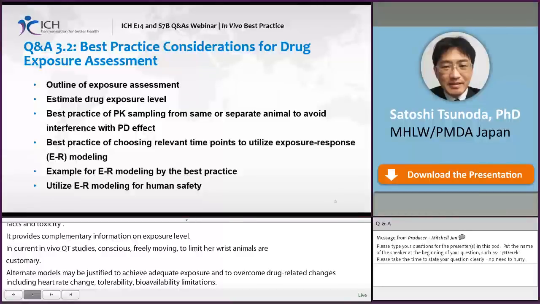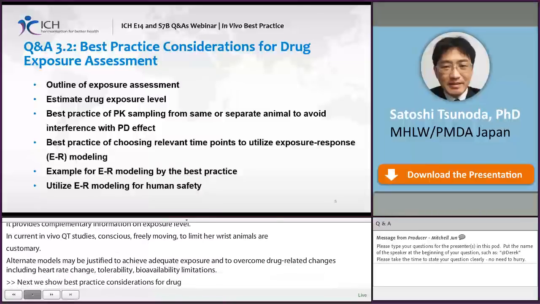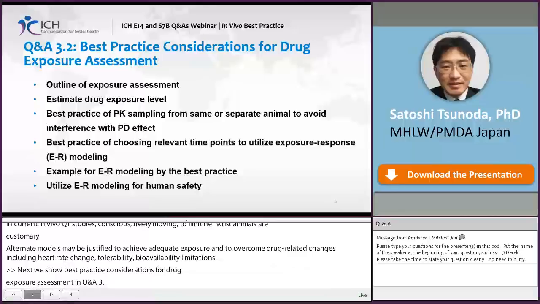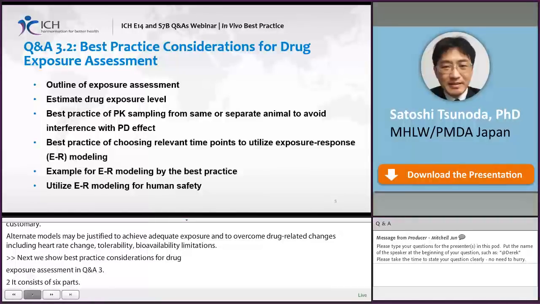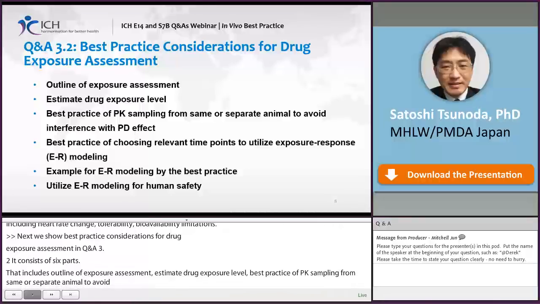The Q&A on exposure assessment consists of 6 parts: an outline of exposure assessment; estimating drug exposure level; best practice of PK sampling from the same or separate animals to avoid interference with the PD effect; best practice of choosing relevant time points to utilize exposure-response modeling; an example of exposure-response modeling by the best practice; and utilizing exposure-response modeling for human safety.